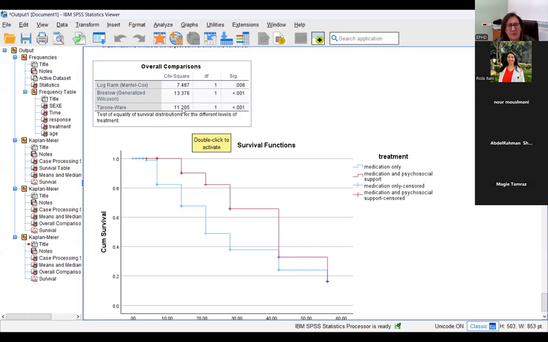And the three statistics are statistically significant. So overall, the survival experience of those on a combination of treatment is statistically significantly better. The mean survival is much higher for them, and the median is also 42 compared to 21 for those only on chemotherapy, right?